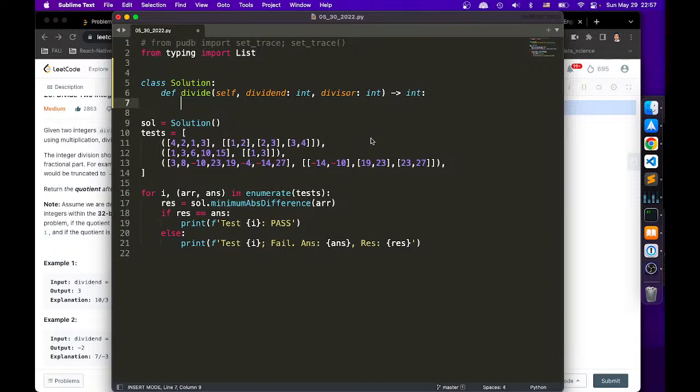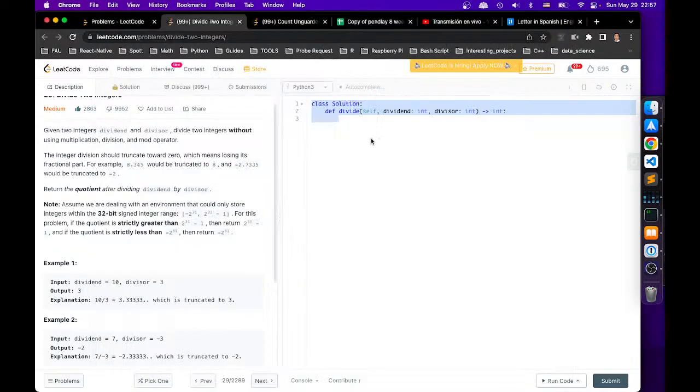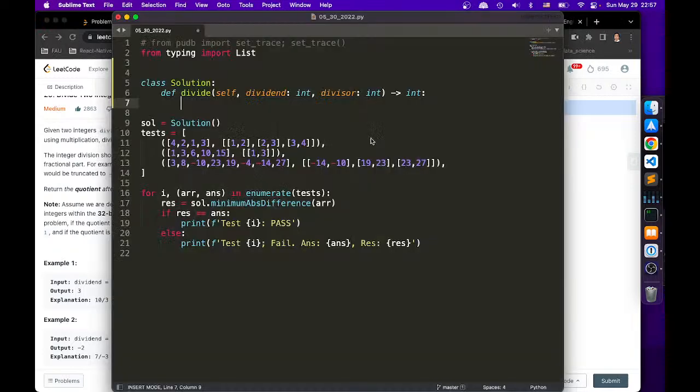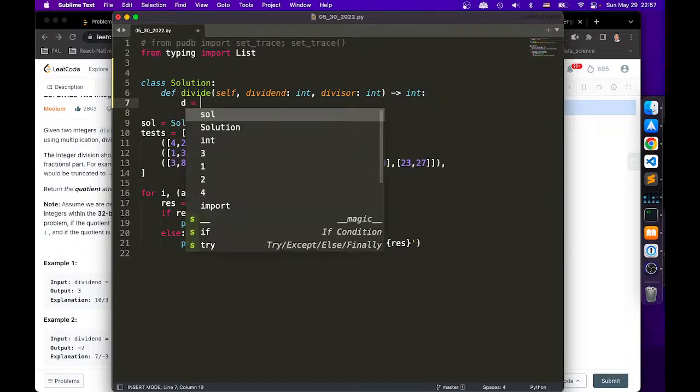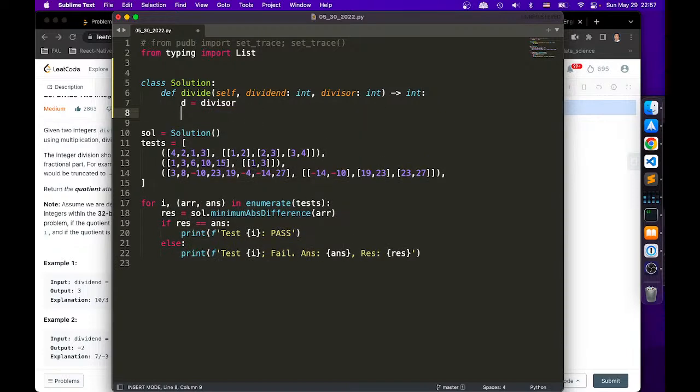Okay, so we have a limit, right? I'll deal with this later. So we have a dividend and a divisor. And we can say d equals the divisor. And then the dividend is going to go down, so we say while dividend is larger or equal to the divisor, right?